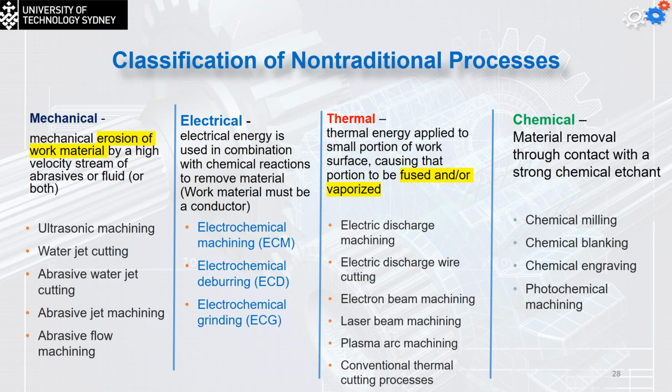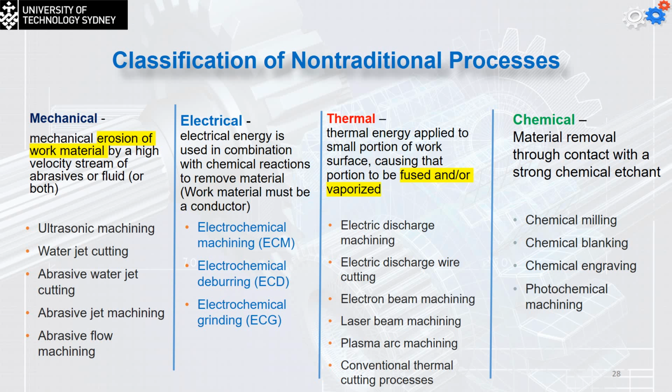From reading the names, you may understand the concept of the working, but we are going to go further for each one. For the electrical one, we're going to use electrical energy, like the spark I gave as an example. Electrical energy is used in combination with chemical reaction to remove the material, but the condition is that the material should be a conductor.